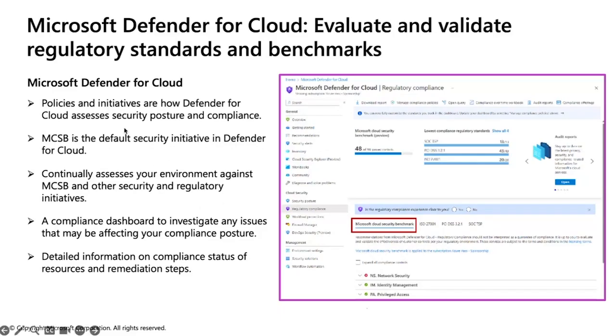So in MDC, we have policies and initiatives that define how Defender for Cloud is going to assess the environment, security posture, and compliance components. Not only this, but we can add other standards like ISO, PCI DSS, SOC TSP, NIST, and many others, if you want to assess the current environment and what is missing related to these other standards.